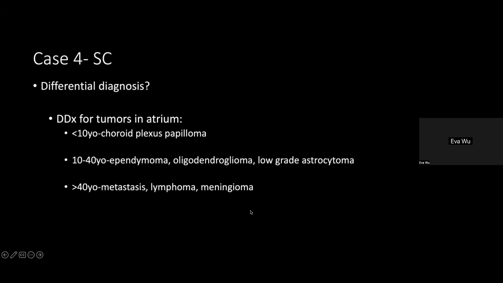So here's a list of differentials for tumors that arise in the atrium. For kids, you would think about choroid plexus papilloma. For mid-aged people, you would think about ependymoma, oligos, or low-grade astrocytomas. And for older patients, you would think about MET and meningioma and lymphoma, like what you said.